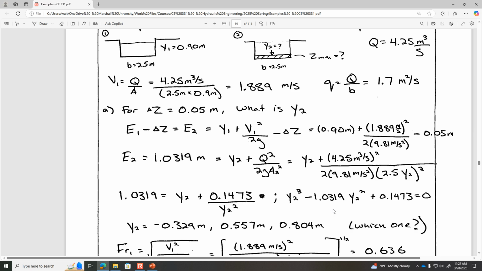Mode 5, option 4, and then you're going to type the coefficients, which are 1, negative 1.0319, and then 0, and then 0.1473, because this is cubed, second, first power, 0 power, and then enter.